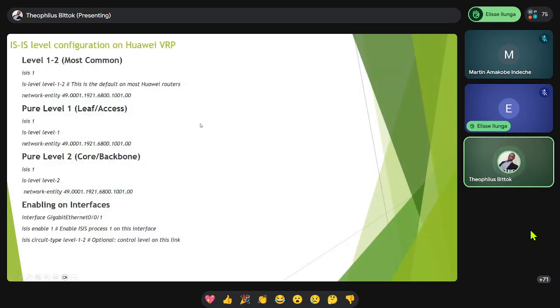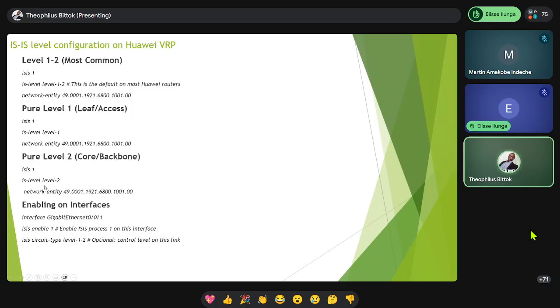So this is basically how you set up your levels. For this one, I'm just basing it on Huawei. It's a common command. Level 1-2 is always the default, so you can specify your level there. Set the level: level 1, level 2, or level 1-2. If it's level 1, specify it as level 1.